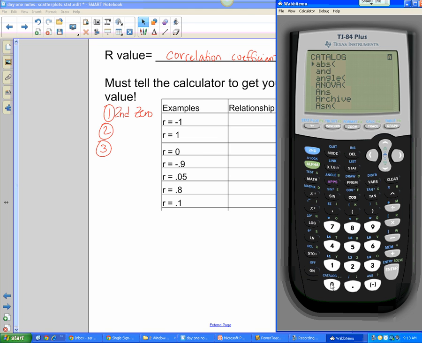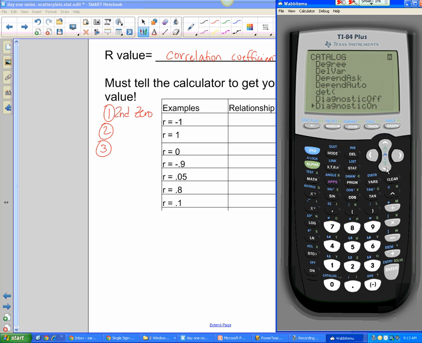All right, and then you scroll down to diagnostic on, and they're in ABC order. So you scroll down until you get to diagnostic on, right there. Diagnostic on.